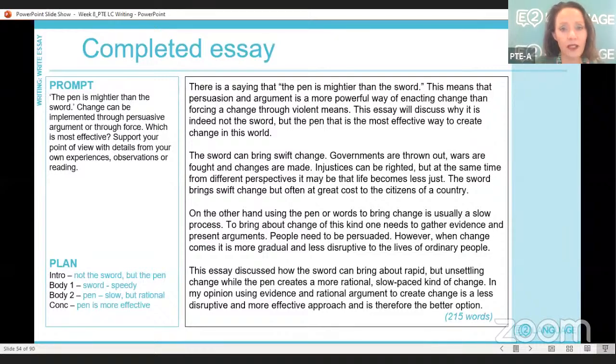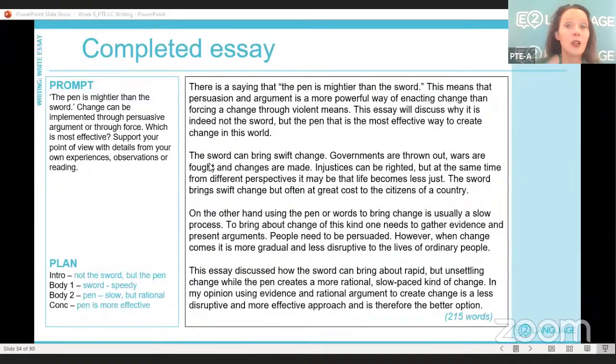Is it a good idea to include your opinion in the introduction section? Yes, it is. In fact, it's necessary in many cases. If the question asks which is most effective, it's asking you directly to take a position, so you must put your opinion in the introduction as well as at the end and in supporting your points. If you don't do that, you haven't followed the instructions and you can lose marks for written discourse.